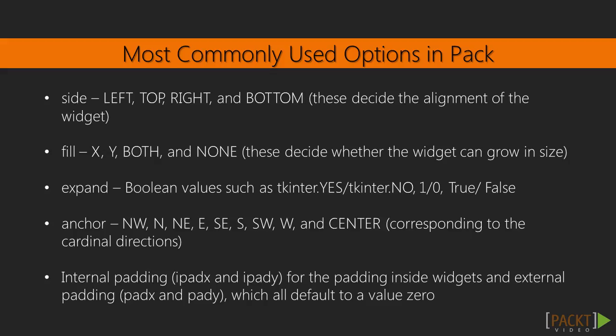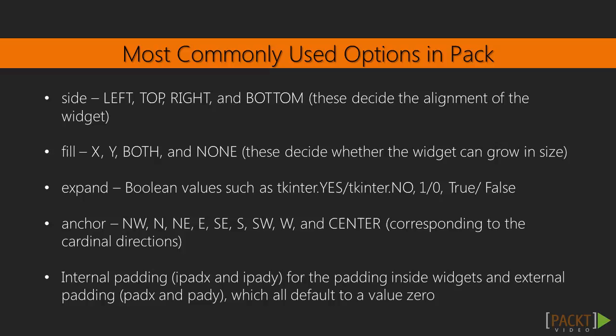The most commonly used options in Pack include the following. Side: left, top, right, and bottom. These decide the alignment of the widget. Fill: X, Y, both, and none. These decide whether the widget can grow in size. Expand: Boolean values such as tkinter.YES/tkinter.NO, 1/0, True/False.